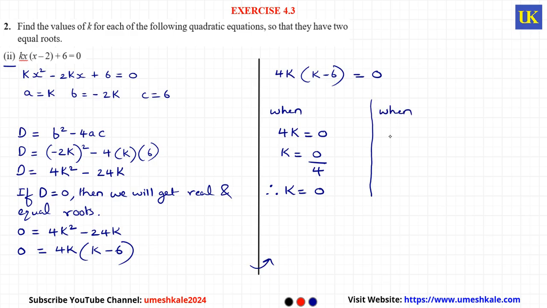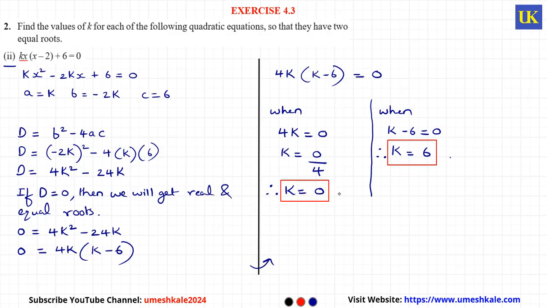And another time when we equate k minus 6 with 0, we'll send 6 to the other side, it will become plus 6. So one more time we are getting the value of k as 6. So this is our answer, guys.